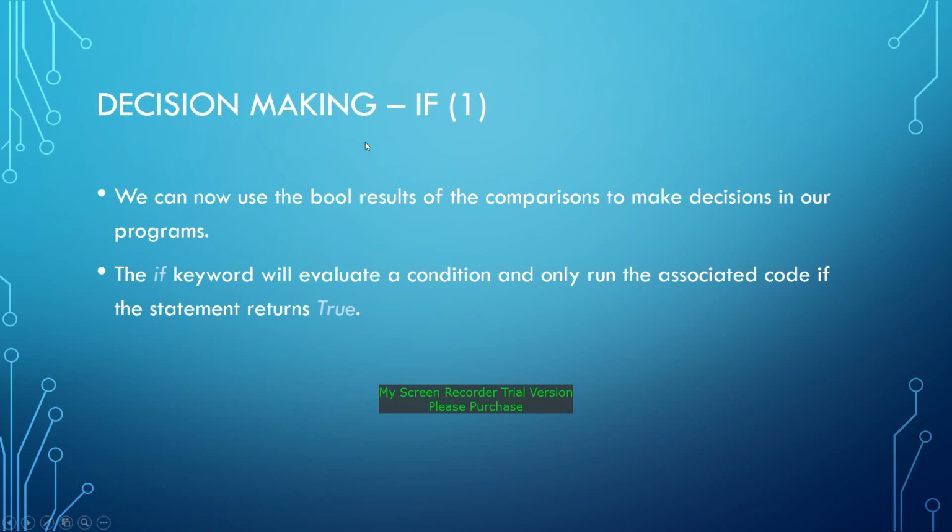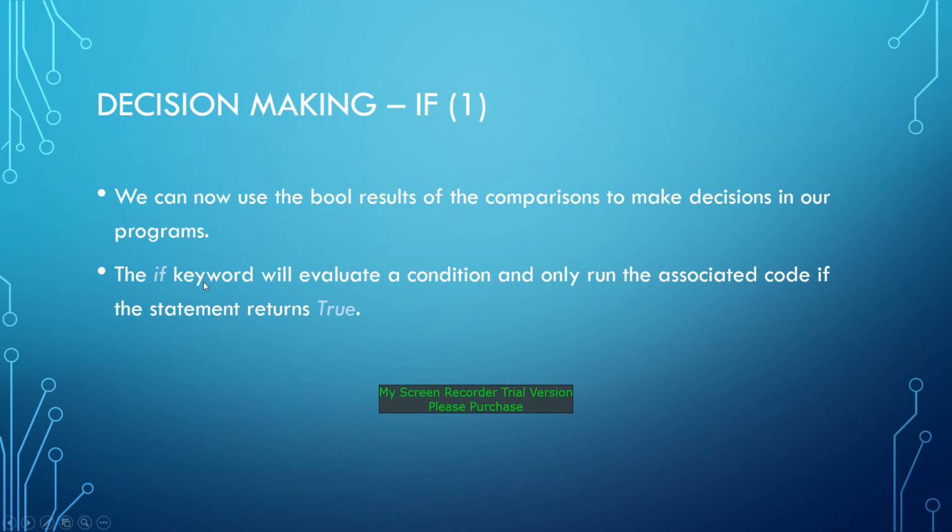Today, we can now use the bool results of the comparisons to make decisions in our programs. So, for example, instead of just letting the program output true or false for checking the conditions, we can now make the code a bit more complex and split our program to give different results.